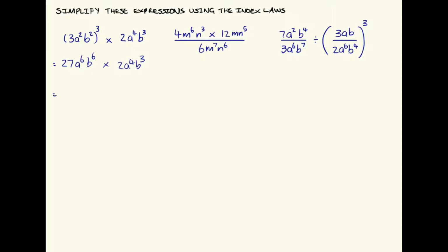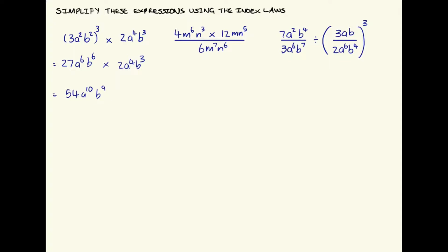So here you'll get 54, a to the power of 10. Notice that the 6 and the 4 added together to make 10. Let's keep going. We've just got one more term left, and that'll be b to the power of, and then it'll become 6 add a 3, which is 9. And there's nothing else we can do there, so that's simplifying that expression.